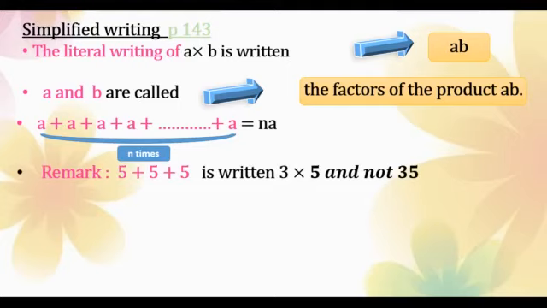Remark: 5 plus 5 plus 5 is written 3 times 5, and not 35 or 3 point 5. This is an important remark. We cannot express the multiplication of two known real numbers by writing them beside each other.